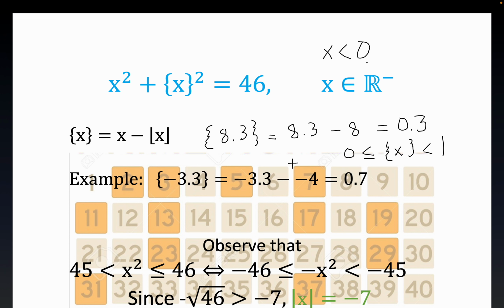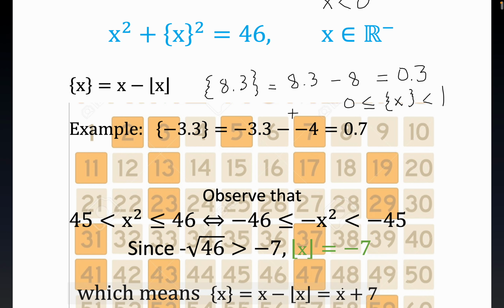Now, we are looking for negative solutions, and so this is equivalent to this statement right here. Notice when you multiply through by minus, you reverse the sense of the inequality. So we know that negative x squared has to be trapped between minus 46 and minus 45, okay? Now that implies this square root statement.